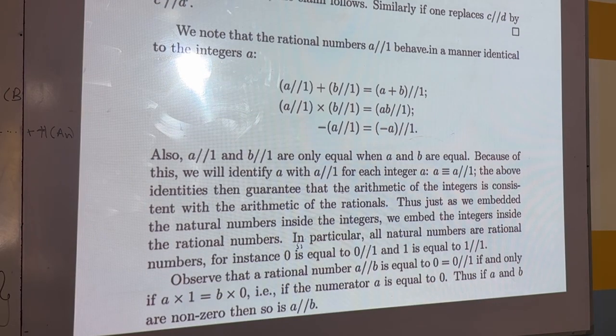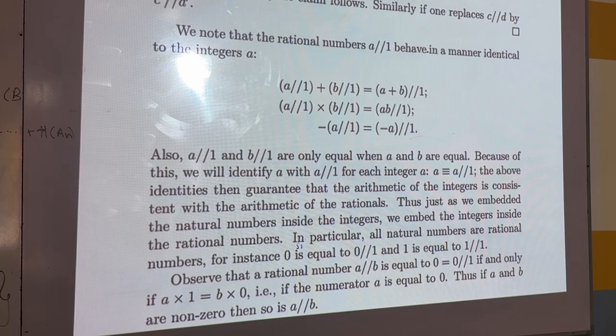Thus, just as we embedded the natural numbers inside the integers, we embed the integers inside the rational numbers. In particular, all natural numbers are rational numbers. For instance, 0 is equal to 0//1 and 1 is equal to 1//1.